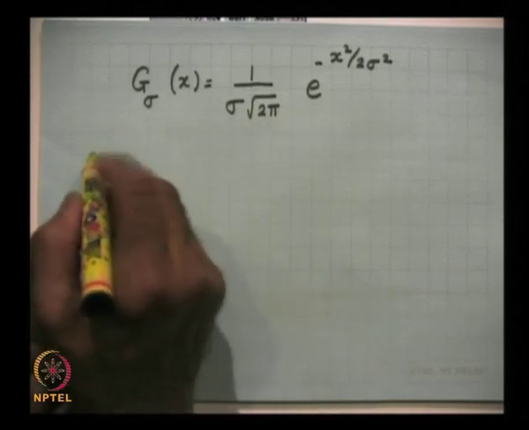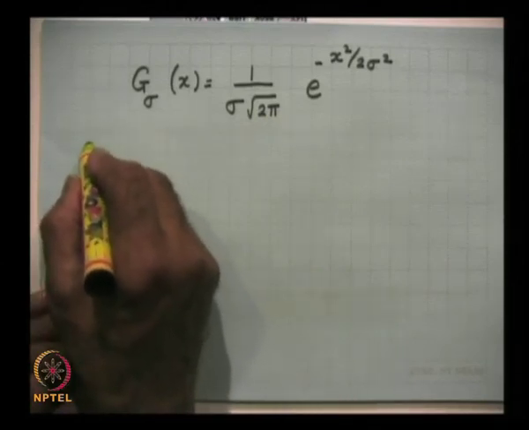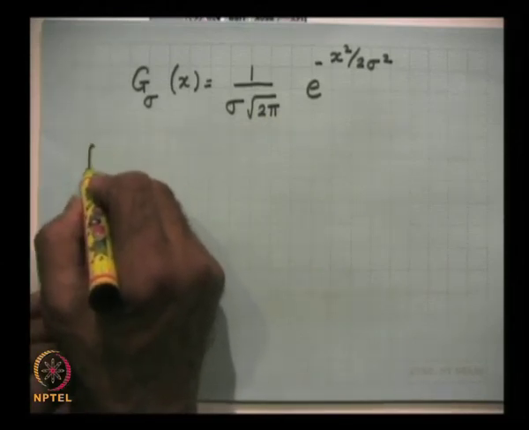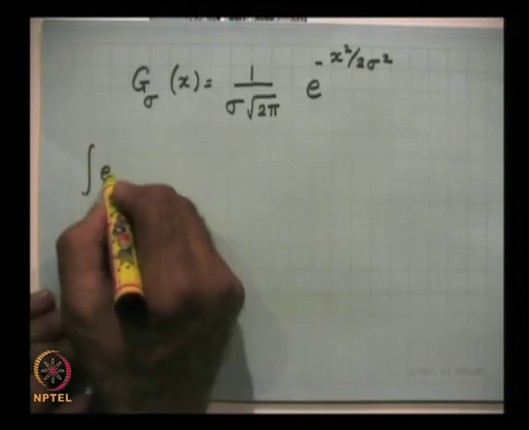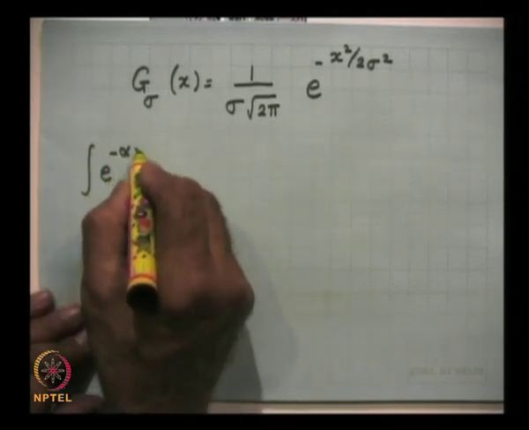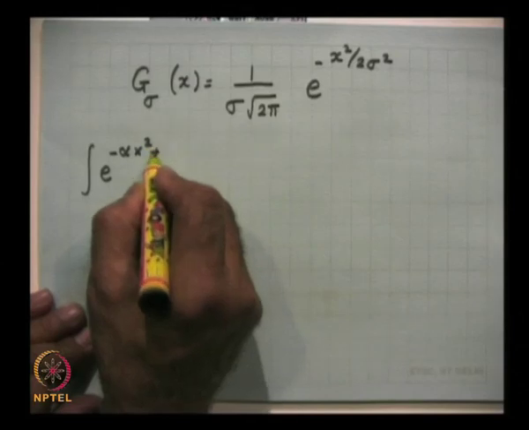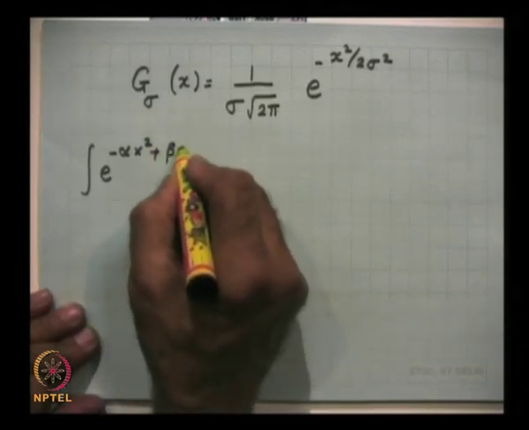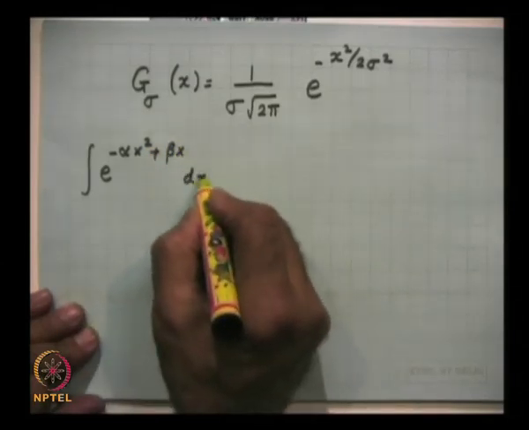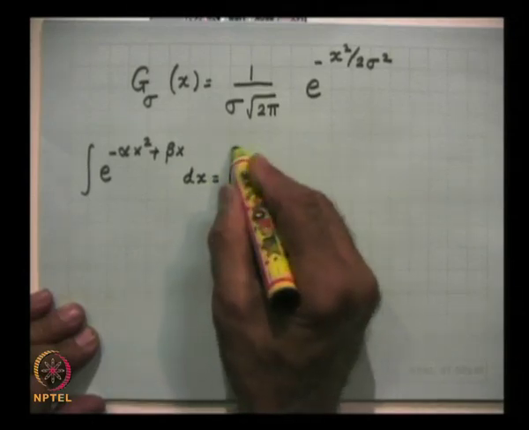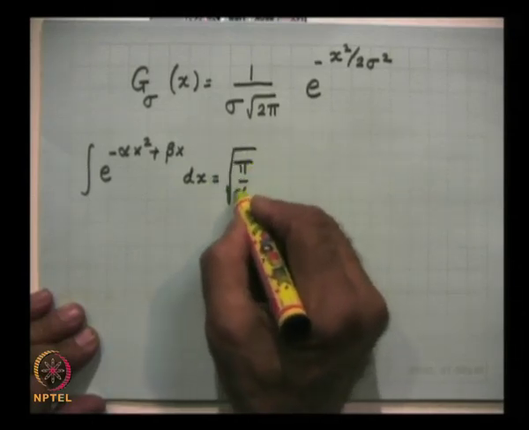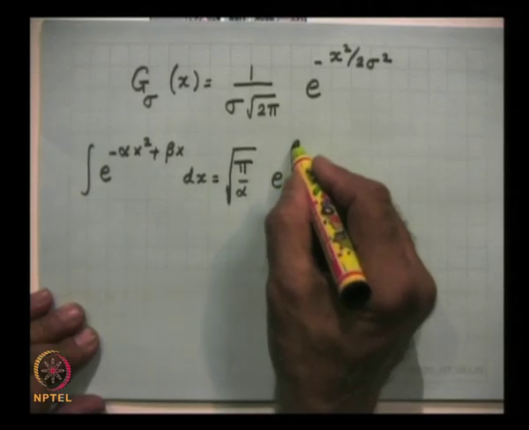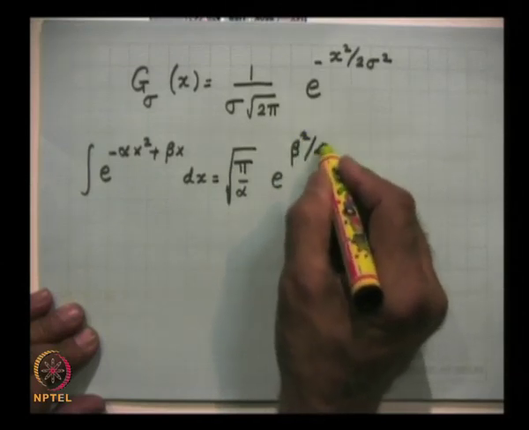Now, this integral we derived last time, and we will be using it very frequently: the integral of e to the power of minus alpha x square plus beta x dx is equal to root of pi by alpha, e to the power of beta square by 4 alpha.